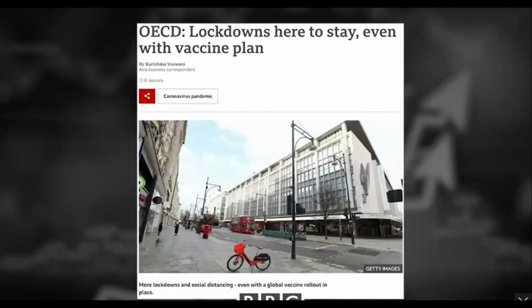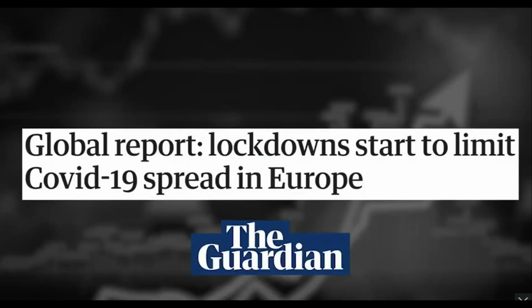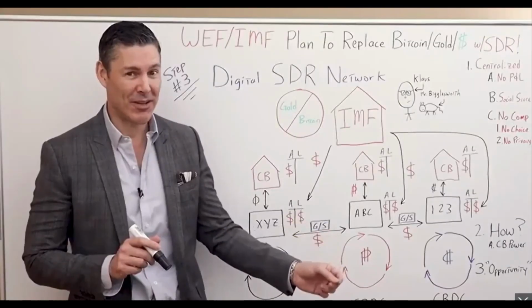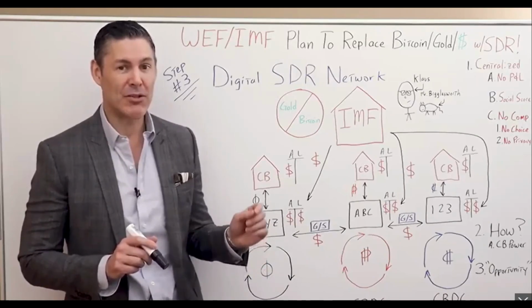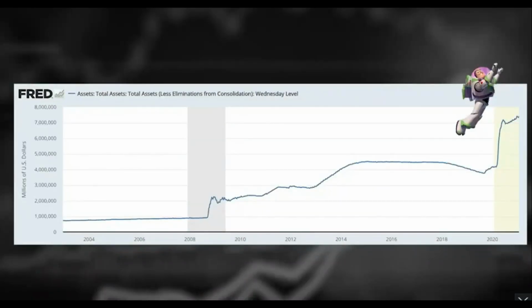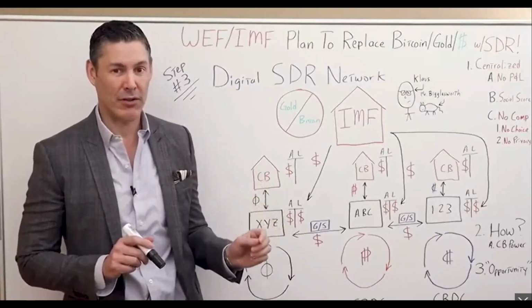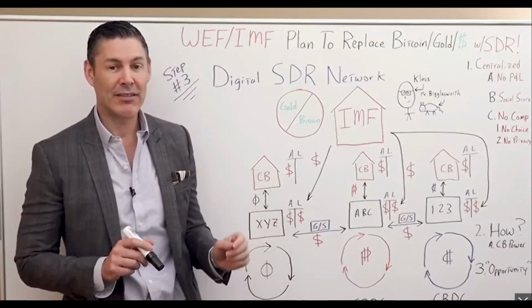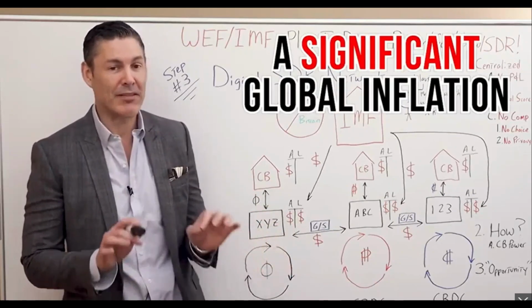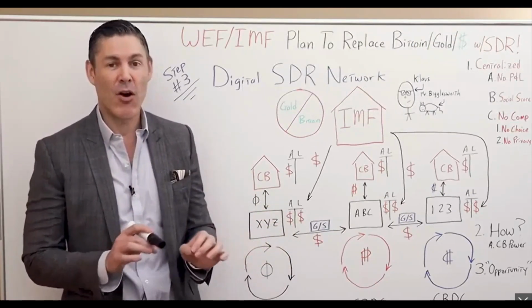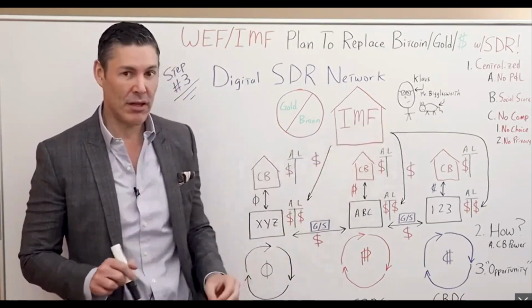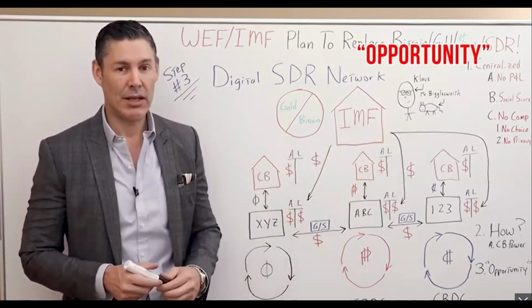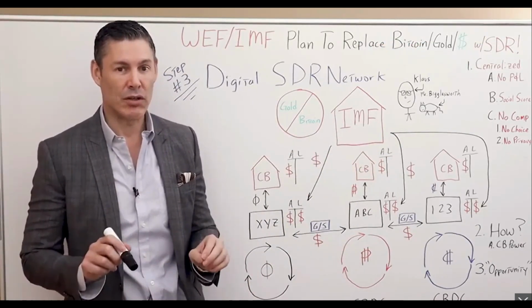And I don't know what would make them do it, but if this actually happened in the world, or if it continues to happen in the world, and the central banks continue to take their balance sheet to infinity and beyond, printing more and more currency units, you very well could see a significant global inflation. I'm not saying hyperinflation again, no certainties, only probabilities. But this could give Klaus the opportunity he needs to introduce the digital SDR.